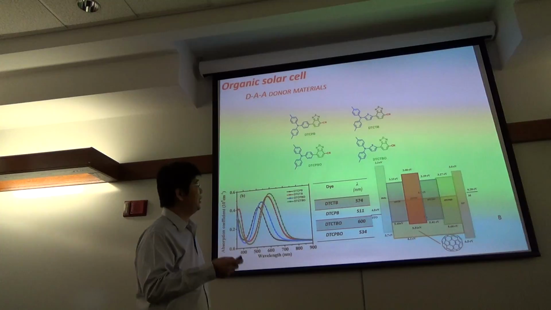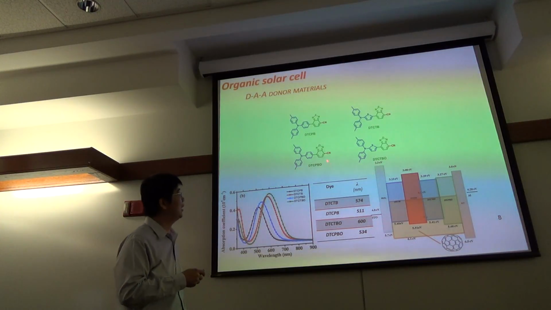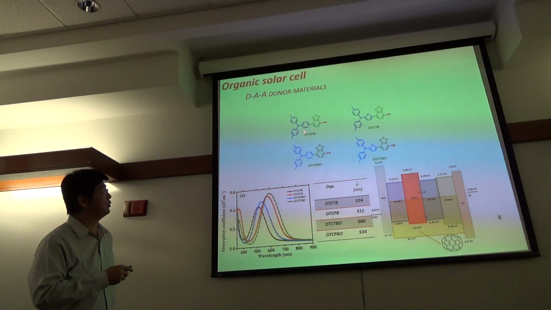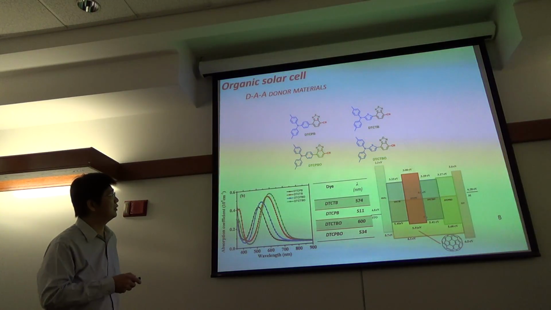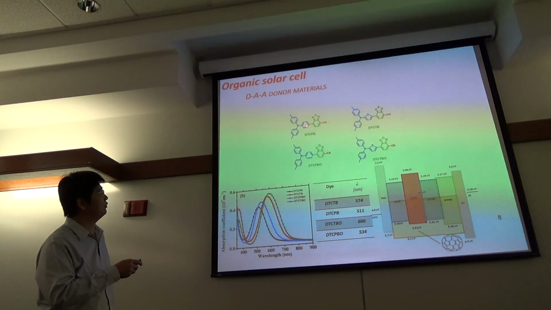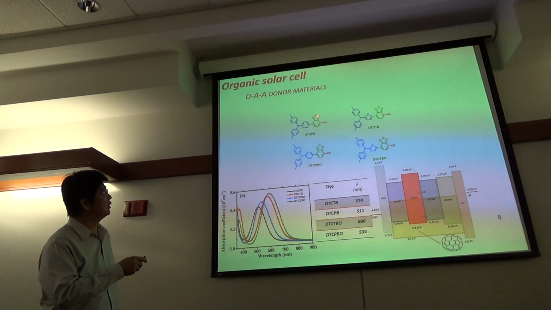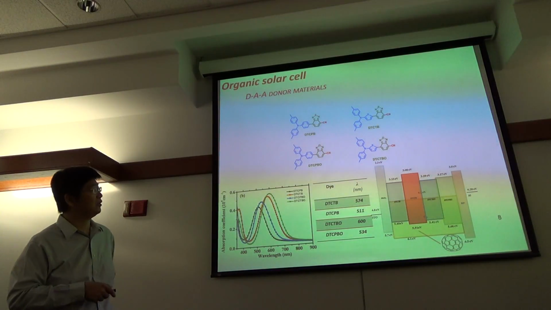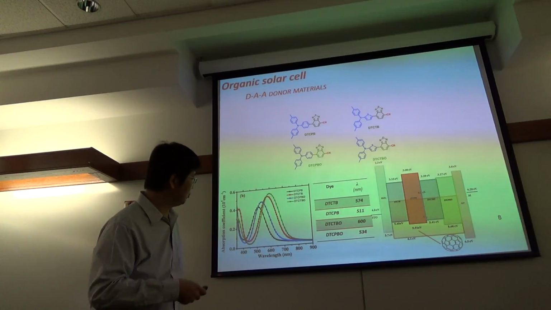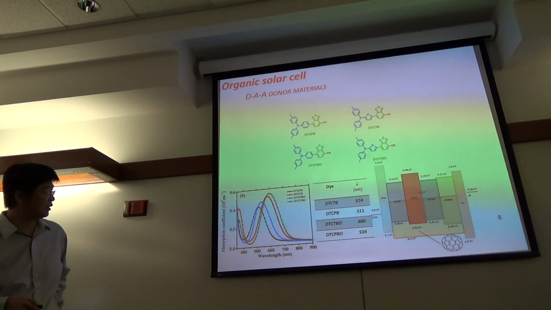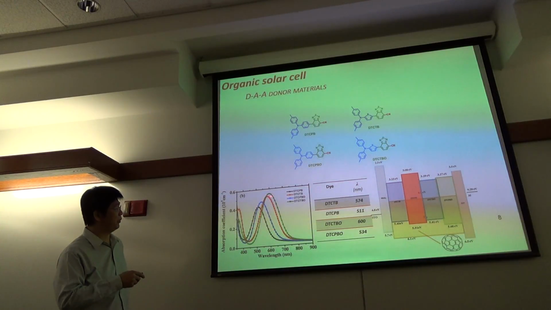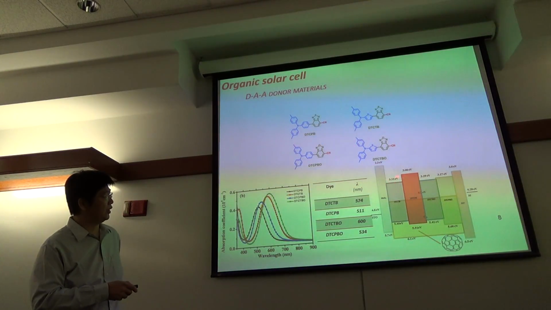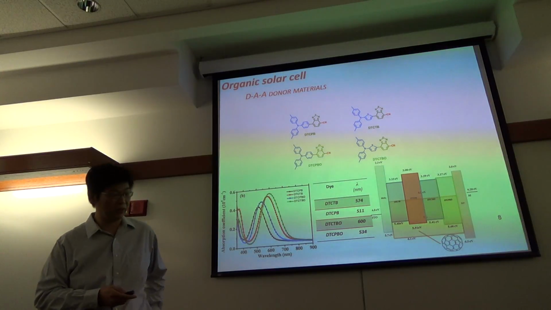This kind of DAA material has some dipole inside, so we can change some different ligands. For example, here is a phenyl, and we can change the phenyl to thiophene here. And here the sulfur will be replaced by the oxygen. And we can tune their electrical and optical characteristics. For example, their absorption band will change, and also their HOMO level will change as well.